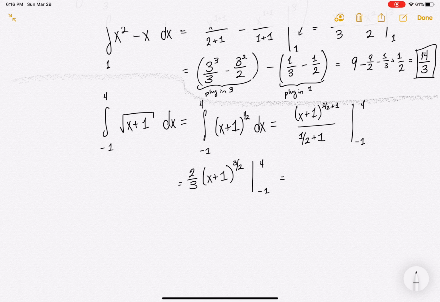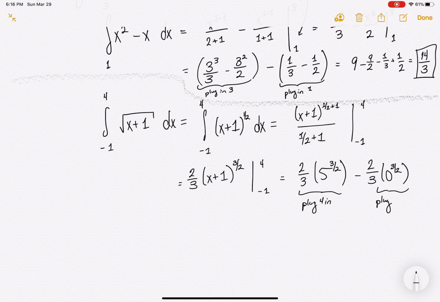Or in other words, plug 4 in. So if I plug 4 in, I get 2/3 times 5 to the 3 halves minus 2/3 times 0 to the 3 halves. This is me plugging 4 in, and I subtract plugging -1 in.